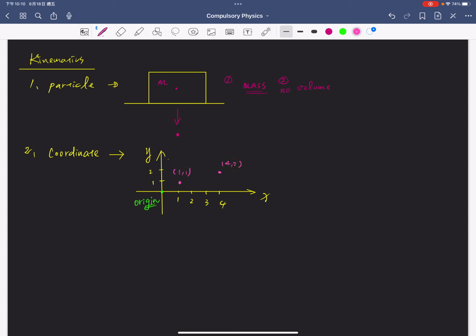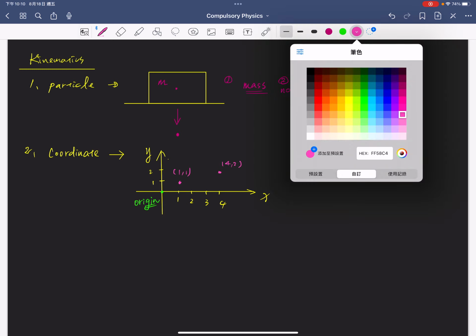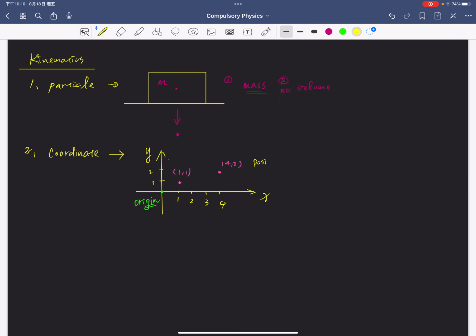So you get a point, and we call these points a position. To know the position, first you have to know the origin, the intersection. This origin we also call the reference point.